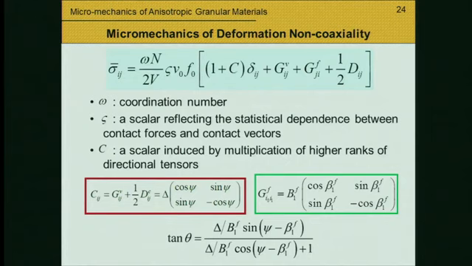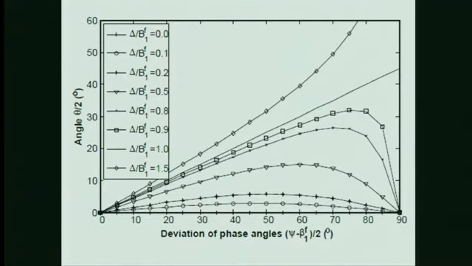So this one becomes theoretically established, and we can plot it. So the horizontal axis gives us the difference of their directions, and I plot in this figure the ratio of these two magnitudes. So if the magnitude of this ratio is quite small, we can say actually the degree of non-coaxiality is quite small.